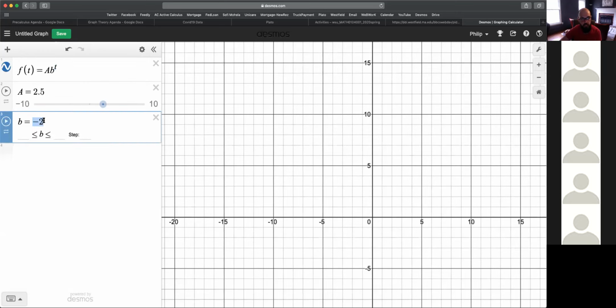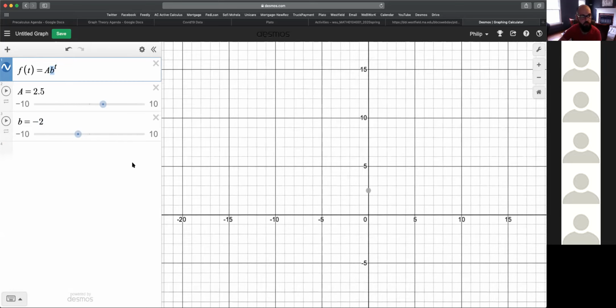And so if our base is negative, we don't want to take -2 and raise it to the 1/2 power, because that would cause a problem. We would take the square root of a negative number, which is not what we're doing here. We're only working with real numbers.